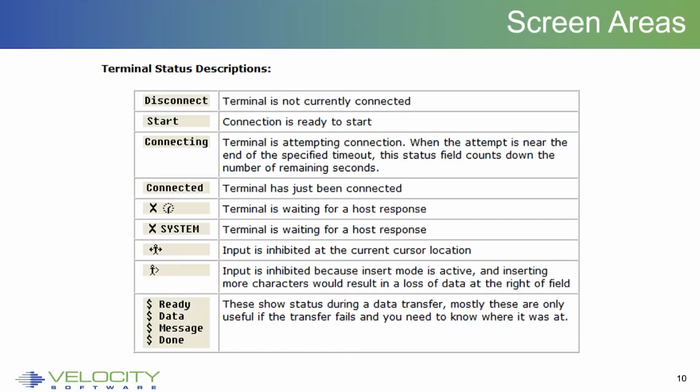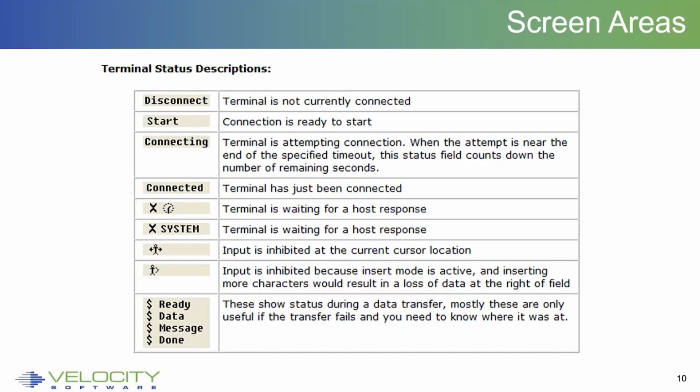It could be that your network is slow, or your network actually timed out or disconnected. So if it continues to show X System, then you've got some type of network issue, or the host system you're connected to is just very, very slow to respond.